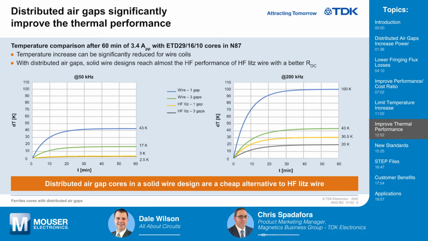And where that comes into play is the actual overall cost of ownership of this finished magnetic device, since high frequency Litz wire is extremely expensive compared to solid wire. And Litz wire, is that just a bundle of small wires together? Yeah, there are different types of Litz wire on the market, and very good product out there for many applications.